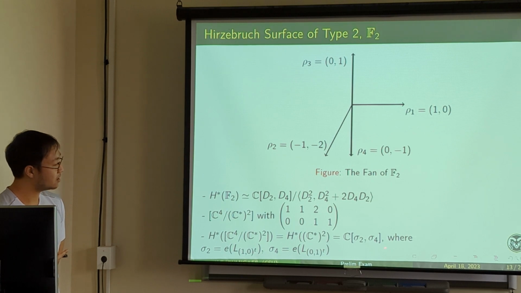And that is exactly the two-variable polynomial ring. So here, this two-variable polynomial ring is acting on this cohomology through the 2x1 operation that I defined.